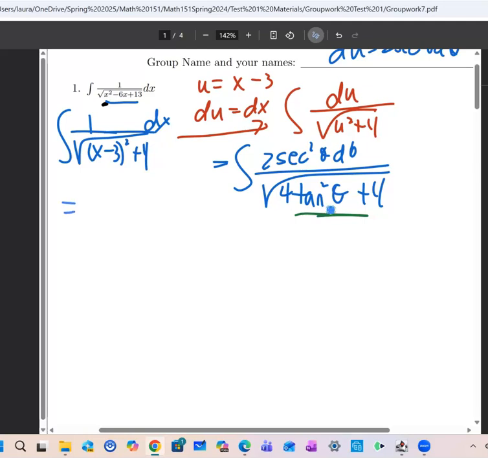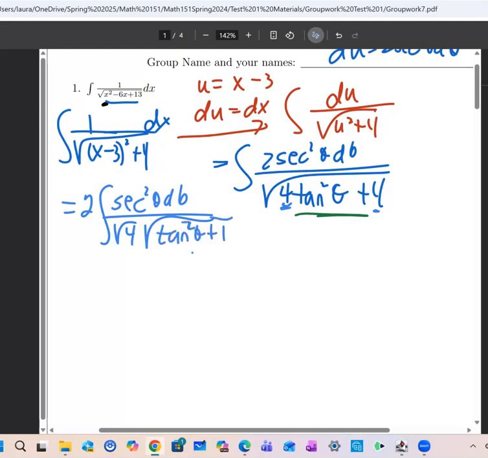So let me bring it over here. So I'm going to pull that 2 outside, keep that there. Okay, so if I factor out a root 4, which is like a 2, tangent squared theta plus a 1, there it is. That's the identity. So this 2 over this 2, right? I'm just going to erase them and just say it's 1.